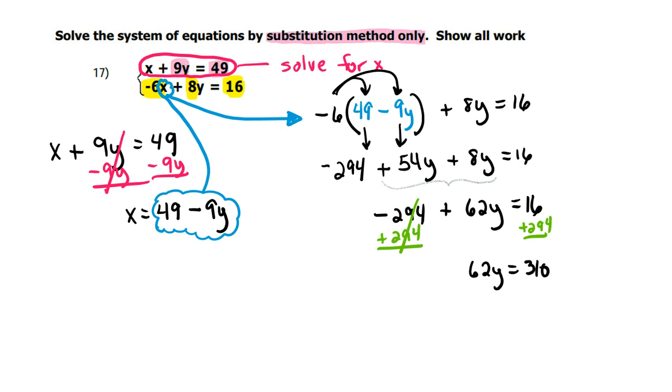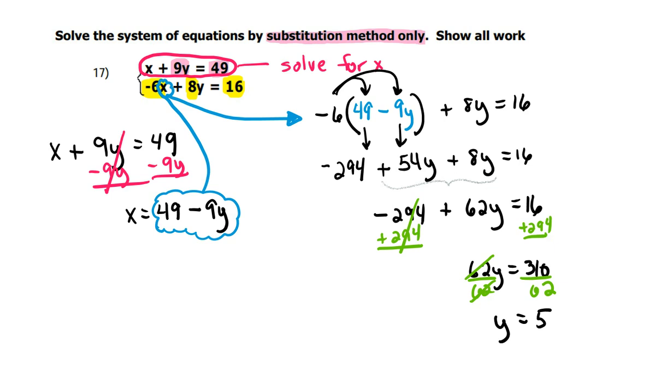And then you would divide by 62, so that 62 over 62 cancels out to be 1y, and then 310 divided by 62 is exactly 5.